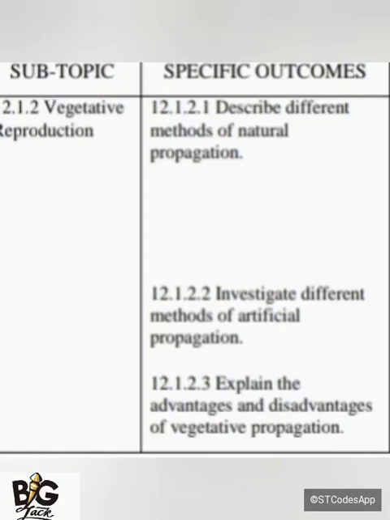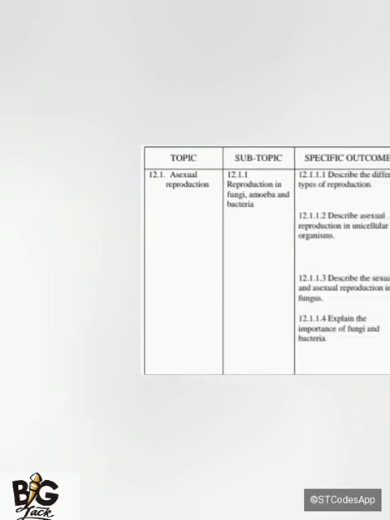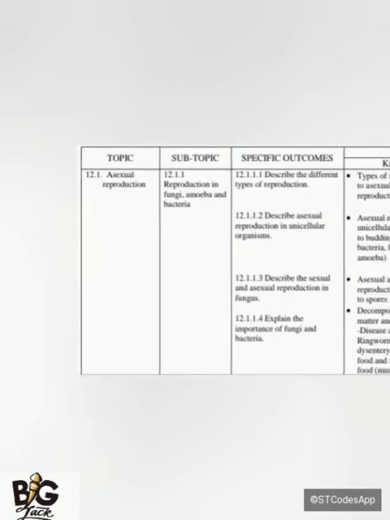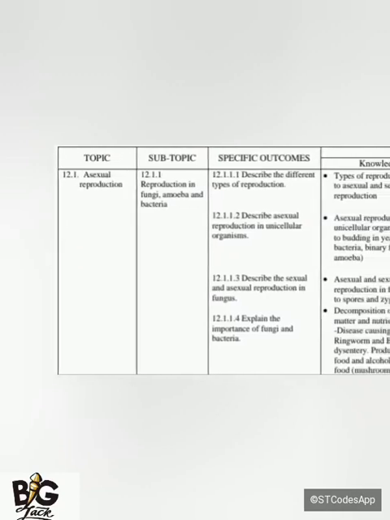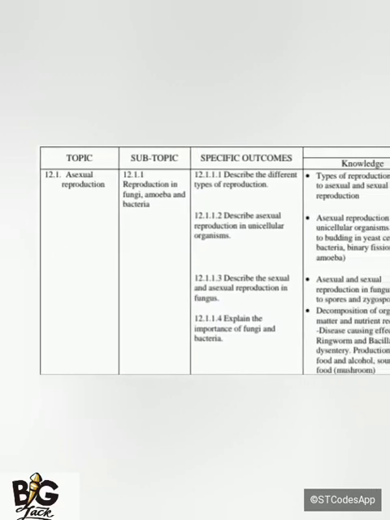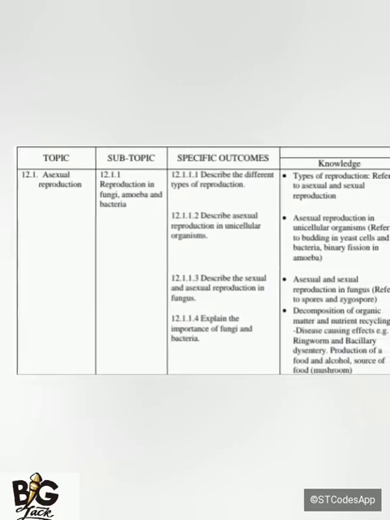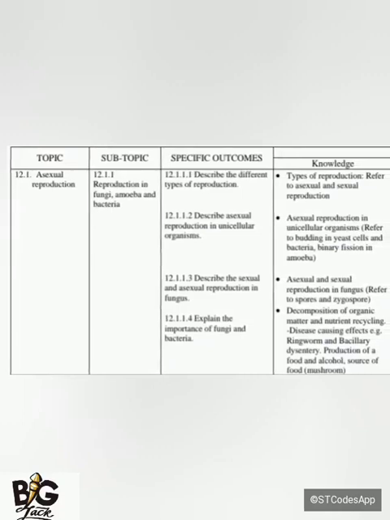So the next question which is likely to come from under section B is asexual reproduction. Now, under asexual reproduction, they are going to ask you to describe the different types of reproduction. For example, the reproduction in fungi, reproduction in amoeba. So, amoeba undergoes what? Binary fission.